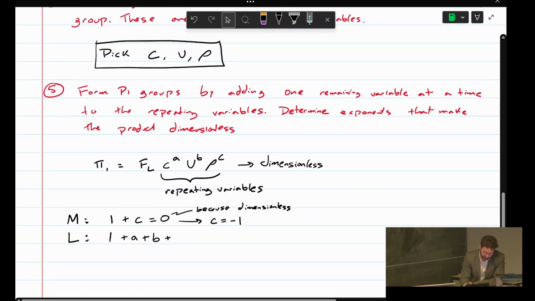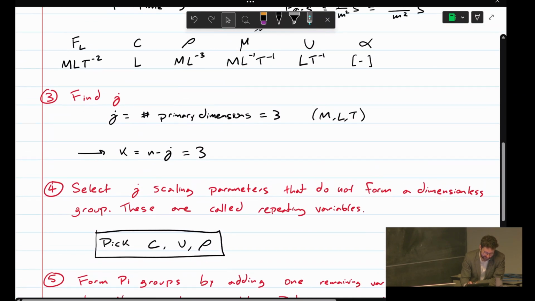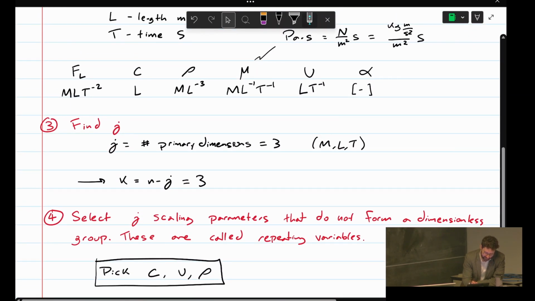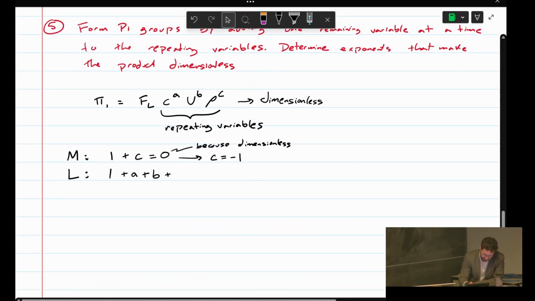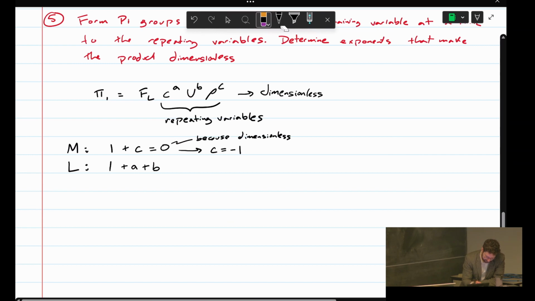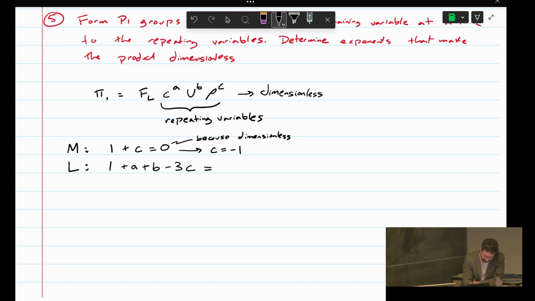So we said density was kilograms per meter cubed, right? So it's actually going to be minus 3C. What does that equal? 0. Good. Because it's dimensionless.